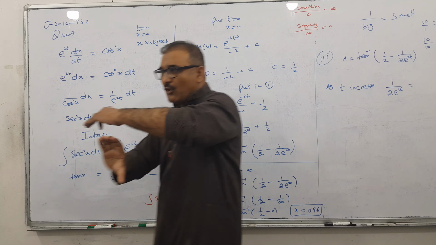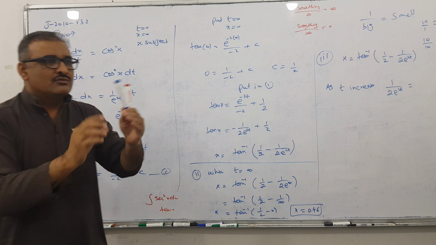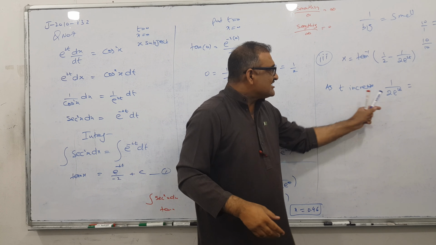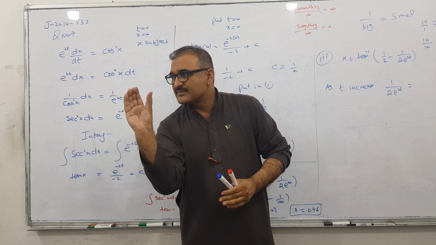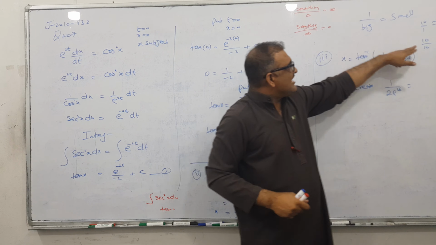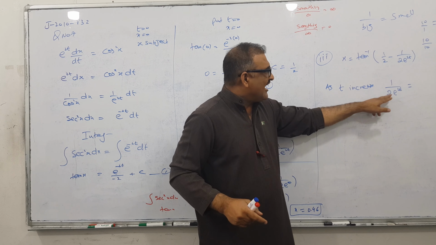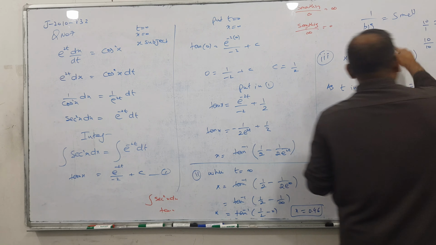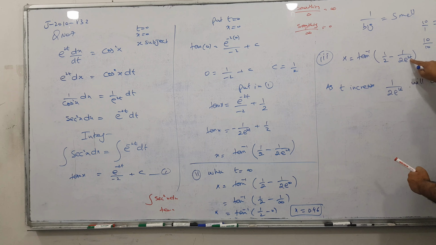You saw a small denominator gives you a big value, and a big denominator gives you a small value. So as you increase the denominator, the net answer becomes smaller. So as t increases, this whole factor will decrease.